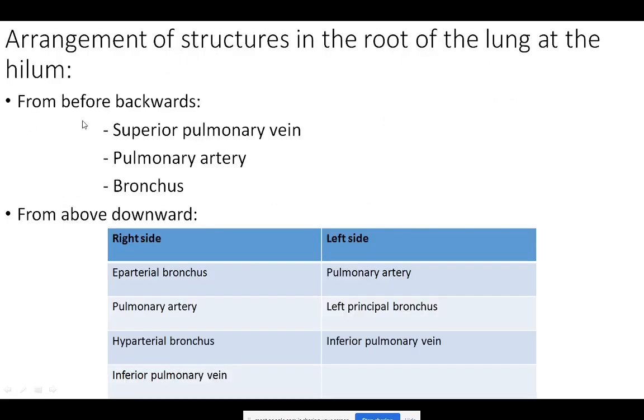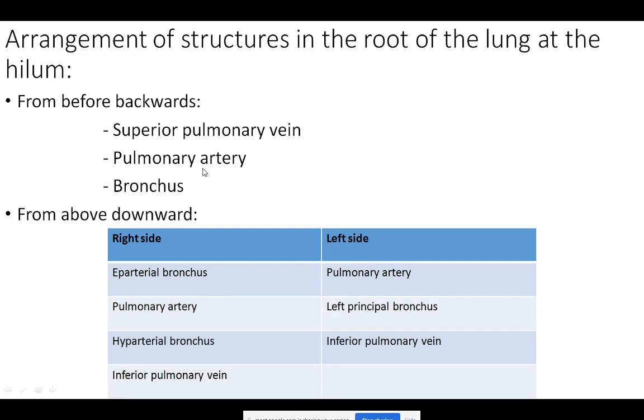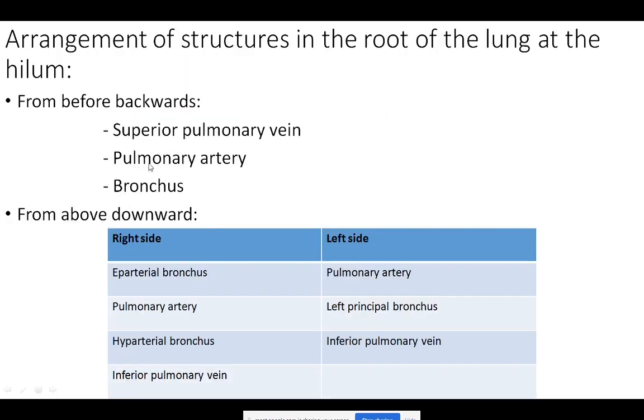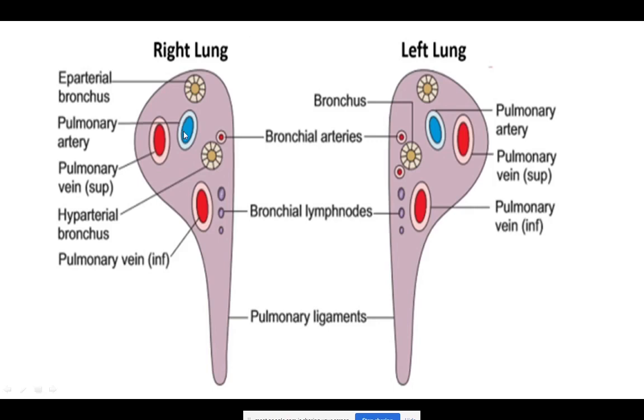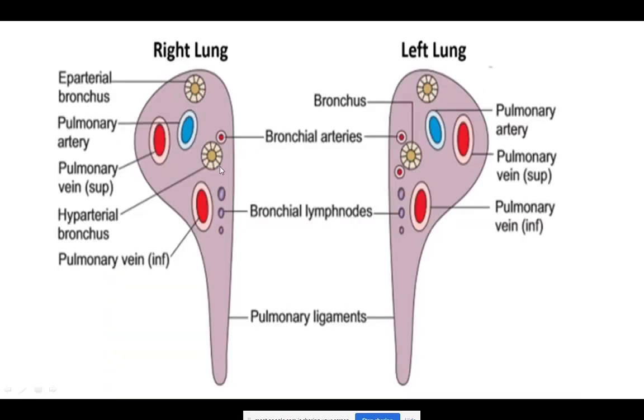Okay, from before backwards. Superior pulmonary vein, this one. Then the pulmonary artery, this one. Then the bronchus, these two bronchi, okay.